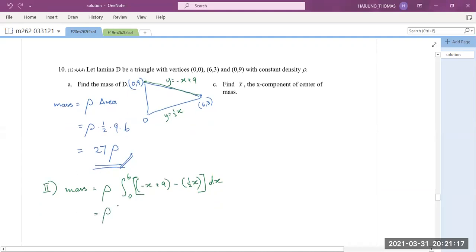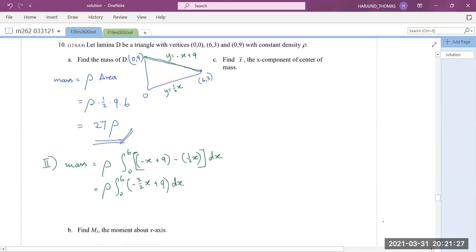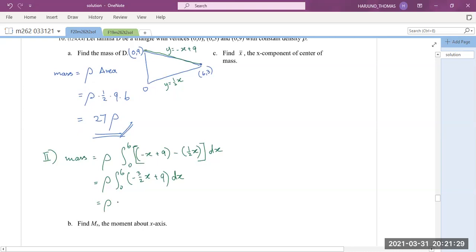This is rho times the integral from 0 to 6 of negative 3/2 x plus 9 dx. That's rho times negative 3/4 x squared plus 9x from 0 to 6.